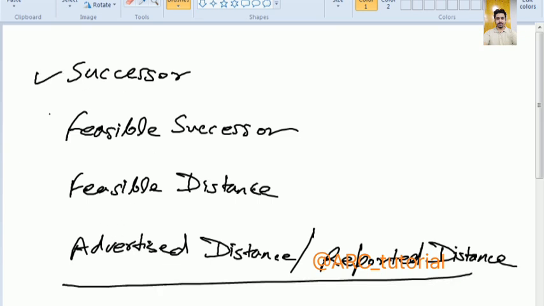So: successor, feasible successor, feasible distance, advertised distance, and reported distance. You must remember and have this information, what is the meaning of successor in EIGRP.